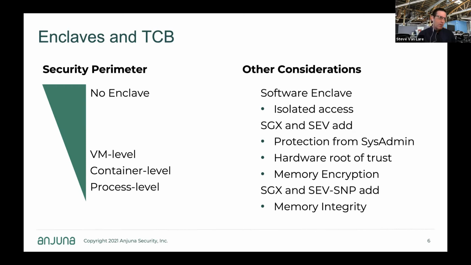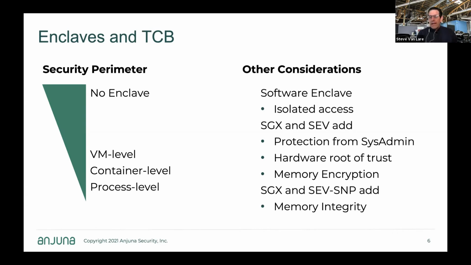Terence talked about this a bit, but having a private key embedded in the CPU enables us to think about how we bootstrap our security models in a very different way and in a very useful way. Both of those technologies also add memory encryption, and it's important to note that not all enclaves provide memory encryption. There are different ways to go about isolation, and memory encryption is one of those ways.